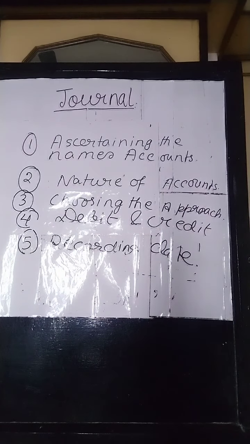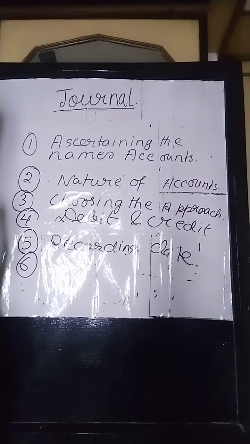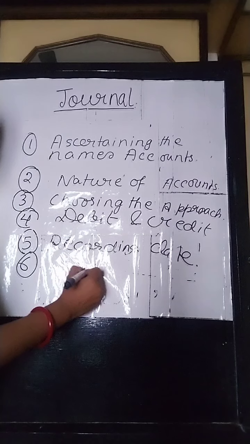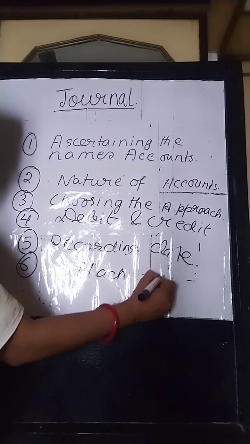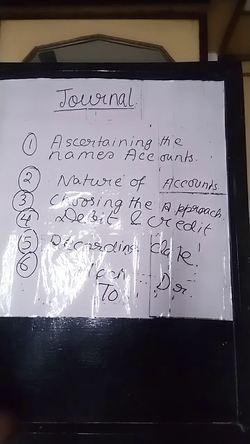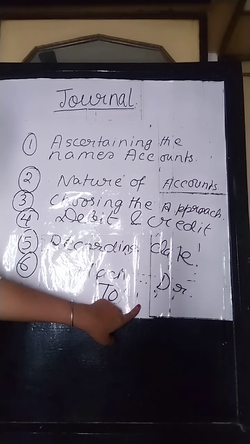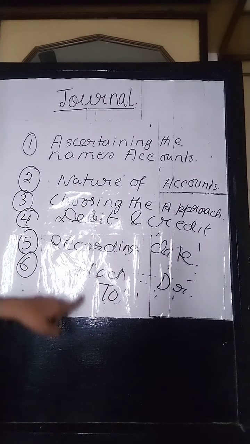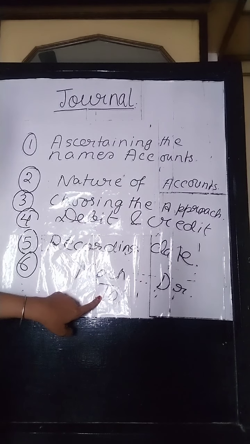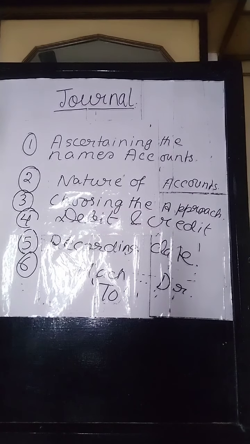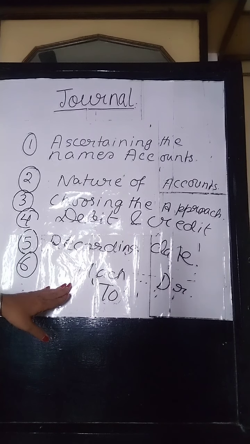In case of the debit entry, machinery is to be debited, so we will write Dr. In case of the credit account, we will mention the word to just before the credit account. When I solve it, you will understand. So this comes in the sixth step.